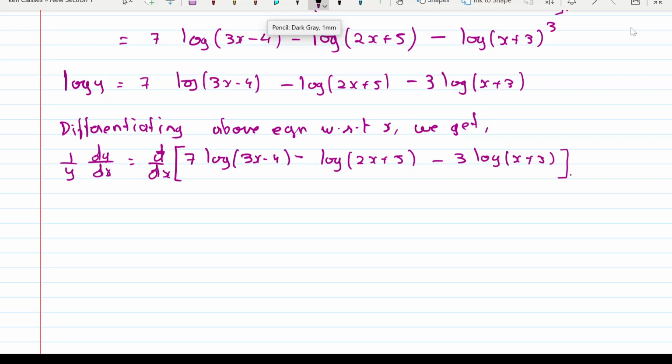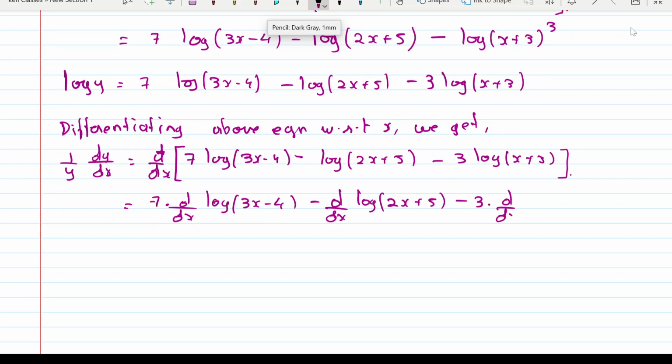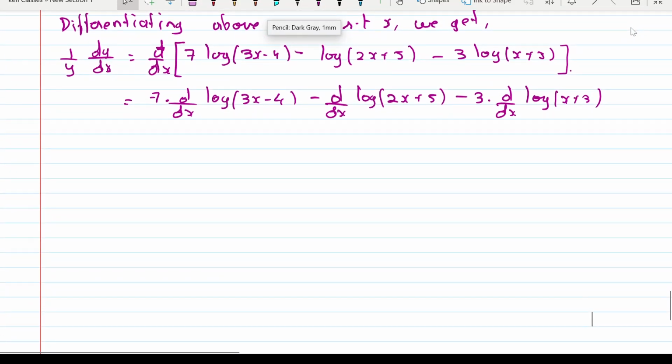Okay, now take its derivative. So this will be 7 into d by dx of log of 3x minus 4, minus d by dx of log of 2x plus 5, minus 3 into d by dx of log of x plus 3. Whenever we are finding derivatives, we always check with the chain rule.